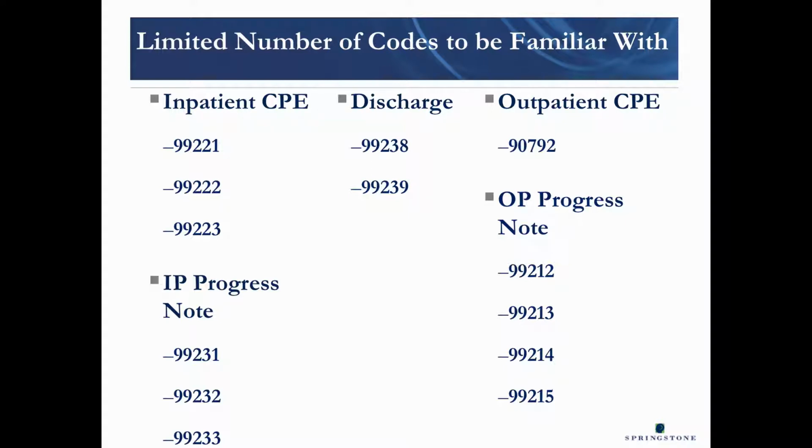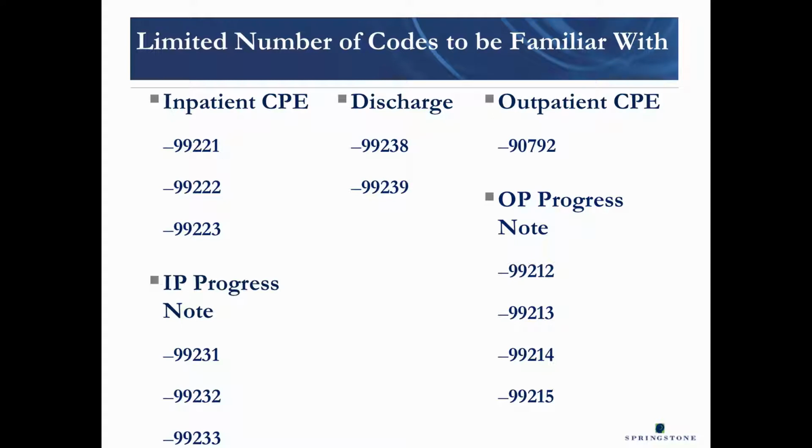And the other reason is that the RVUs for a 90792 are actually pretty good since 2014. And so from a financial standpoint, it's pretty much a wash whether you bill a 90792 or the typical codes that would be billed as E&M new patient.